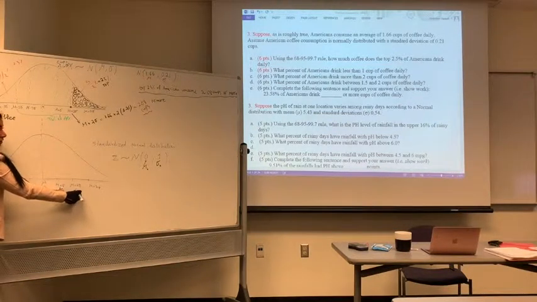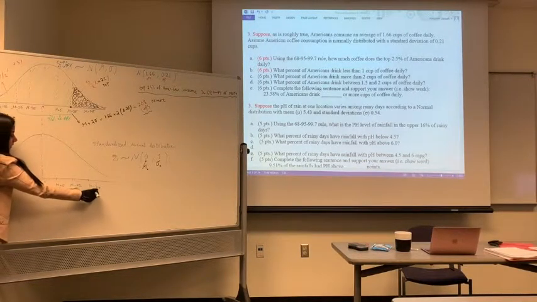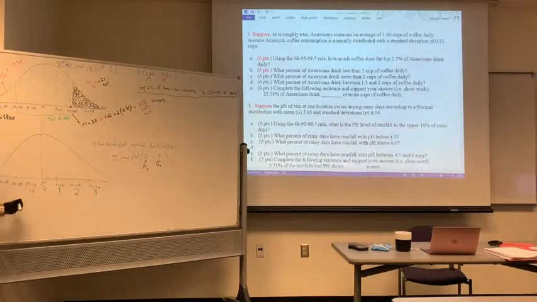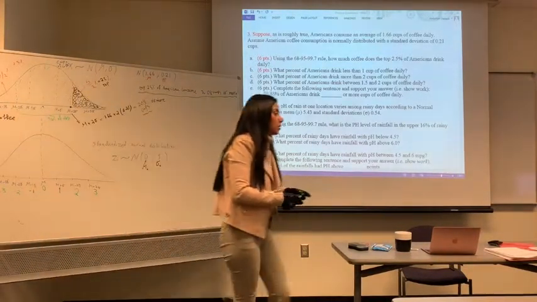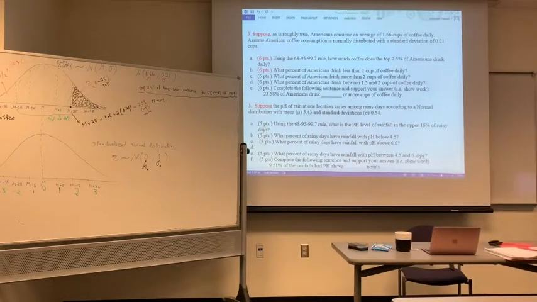What is mu plus 2 sigma? 2, correct? And then this one is 3. This one is -2. This one is -3. So we just standardize all the values on the x-axis. Nothing will change except the numbers are more organized and clean now.